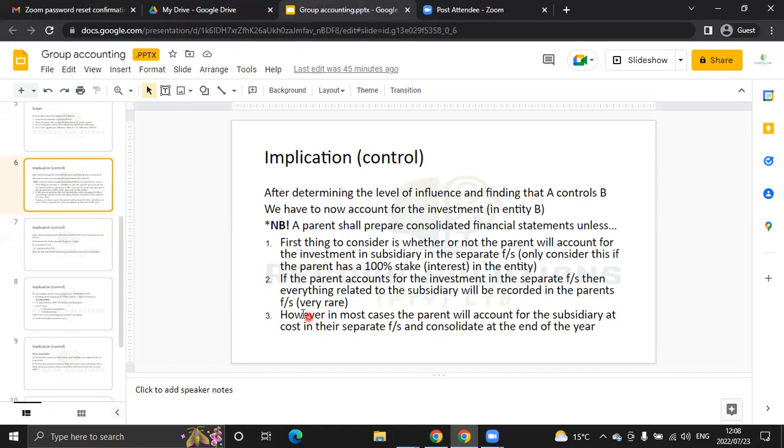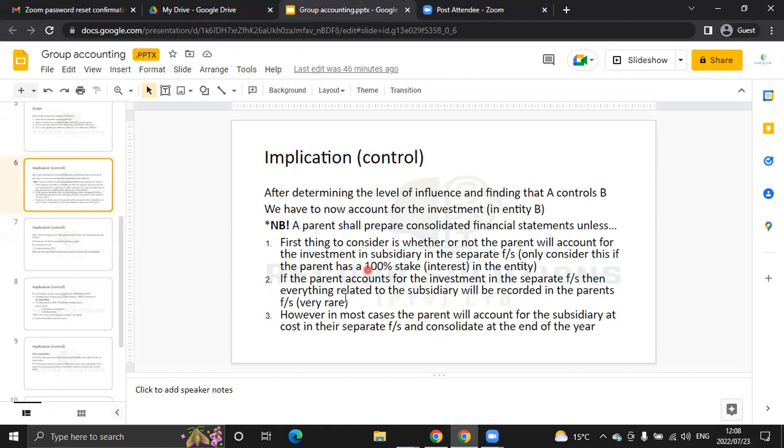Now let's take all other examples. So the parent doesn't have a 100% stake in that company, or the parent has the 100% stake but is still preparing consolidated financial statements.